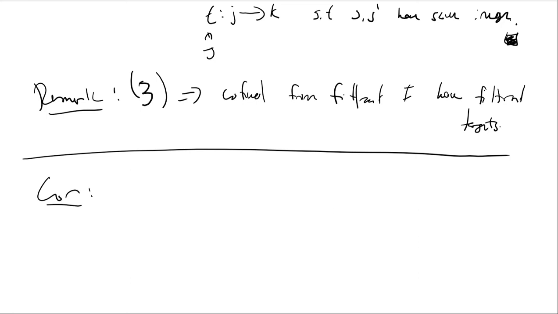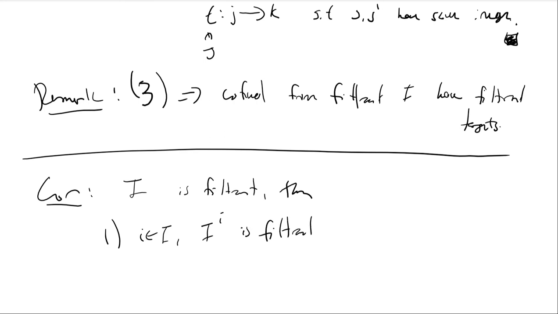So, corollary. Suppose I is filtrant. Then, the first thing is, for any i in I, the category I upper little i is filtrant. And the functor, Kashiwara and Shapiro call it J_i, and they write it with the plain J, from I upper i to I, wow, that's a mouthful, is cofinal.